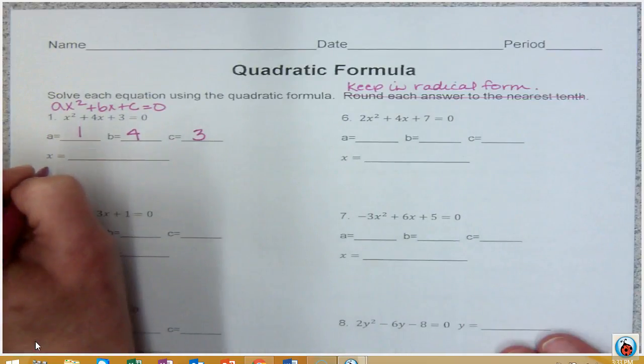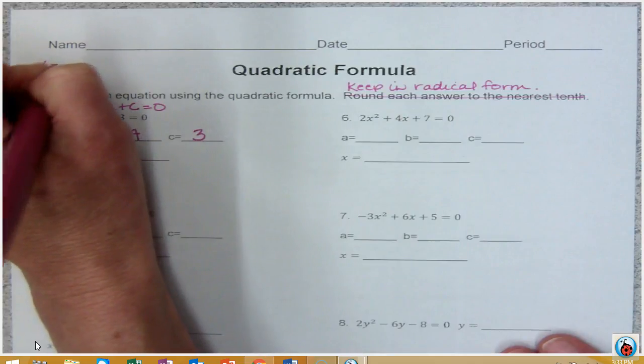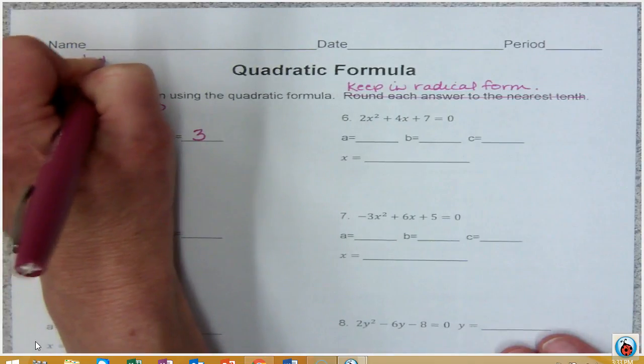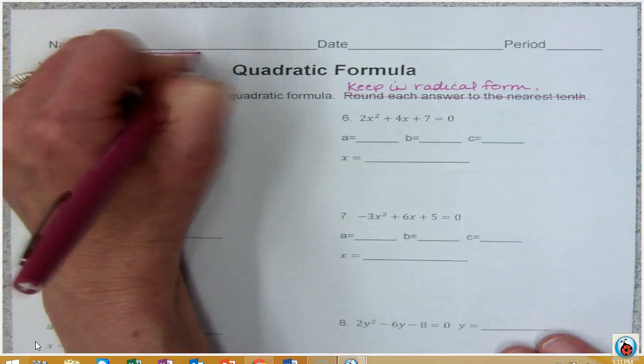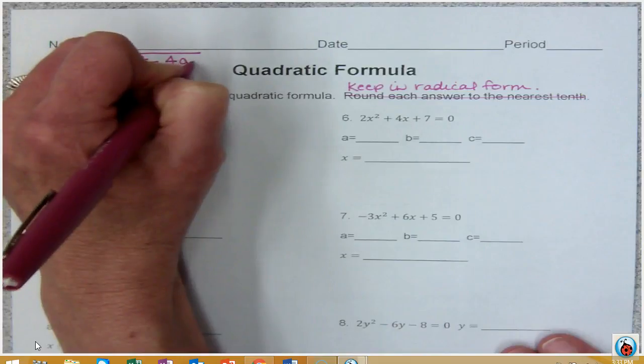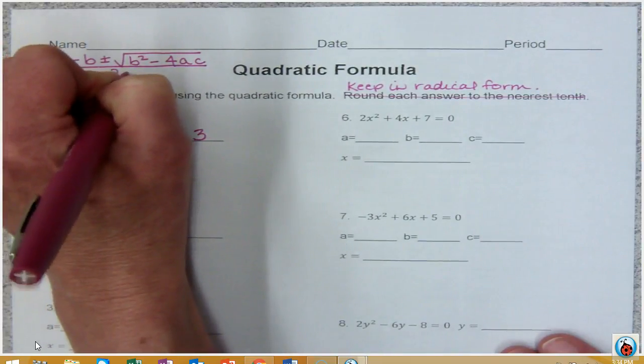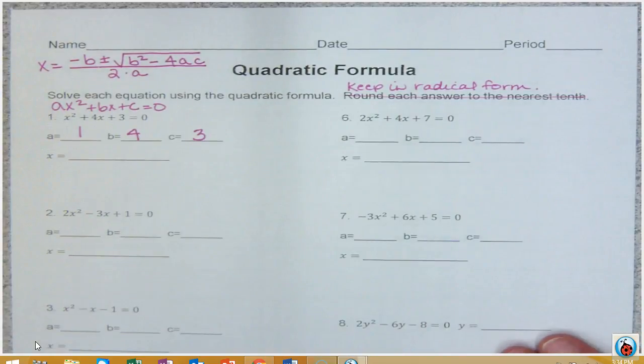So we're going to use our quadratic formula, which is x equals negative b plus or minus the square root of b squared minus 4ac all over 2a.